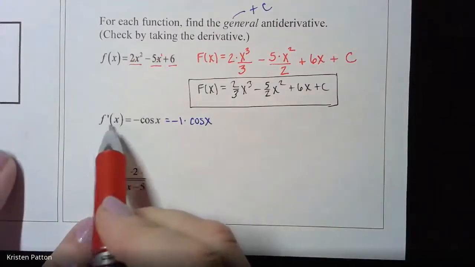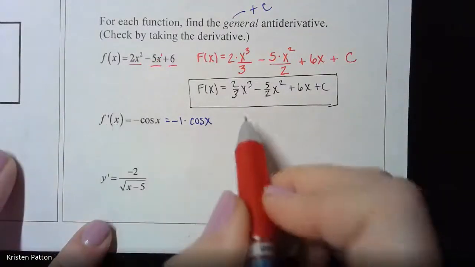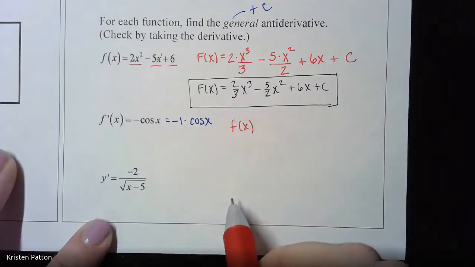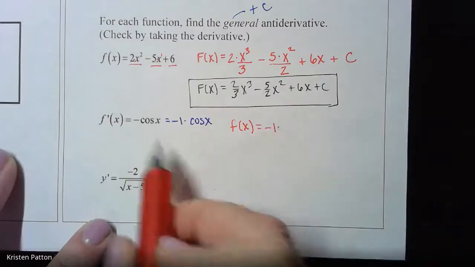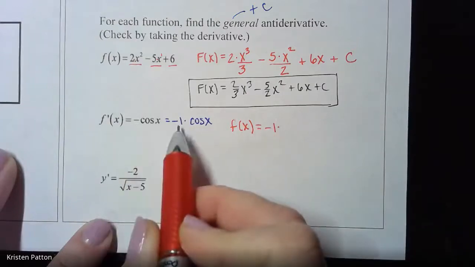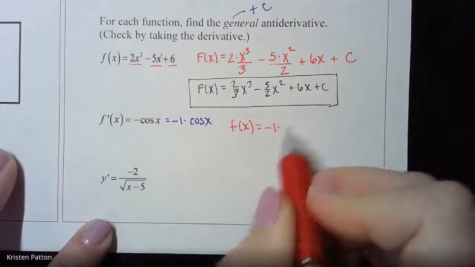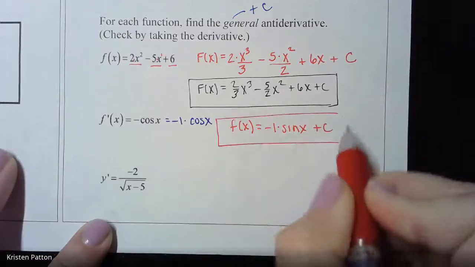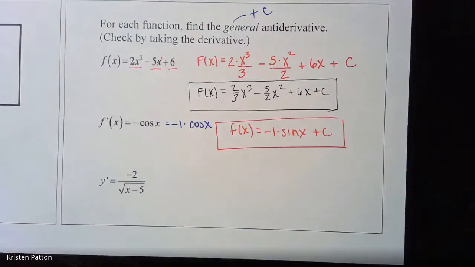So if this is called f prime, the antiderivative will be just called regular old f. The constant multiple rule says the -1 will stay there. And we've already said the antiderivative of cosine x is sine x. We just need to make sure we tack on a plus c.